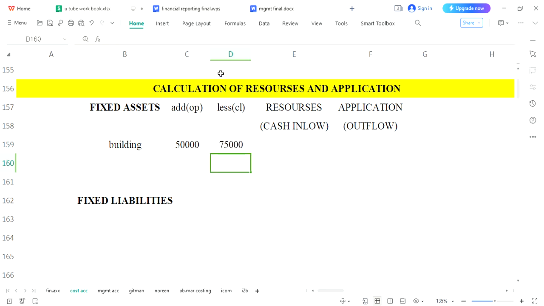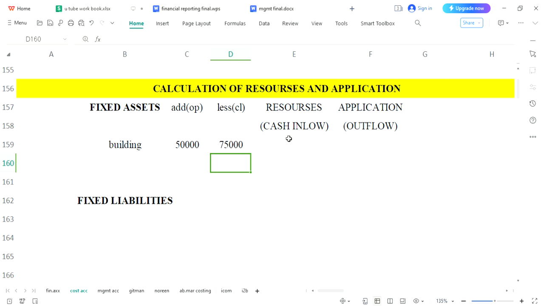At the start of the year, you had 50,000 worth of building, and now the building is worth 75,000. It means you have purchased an additional 25,000 worth of buildings. That is why your closing building has increased. Now the sign of plus would be written with opening and the sign of less, minus, with 75,000.